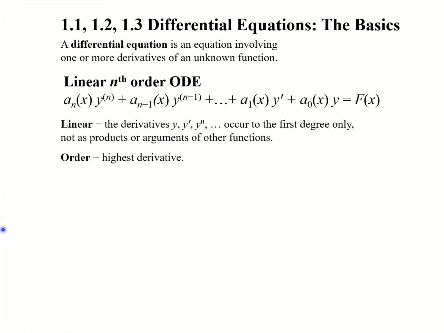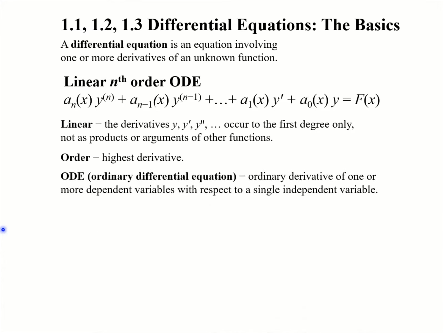Now let's talk about what an ODE is. An ODE is an ordinary differential equation. Why do we call it that? Because it's the ordinary derivative of one or more dependent variables with respect to a single independent variable, and in this case it's x.